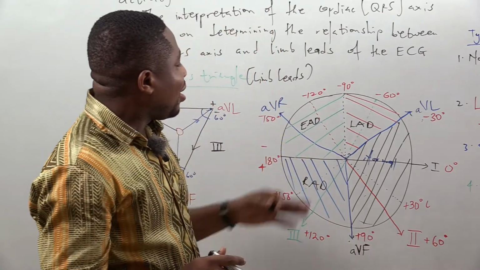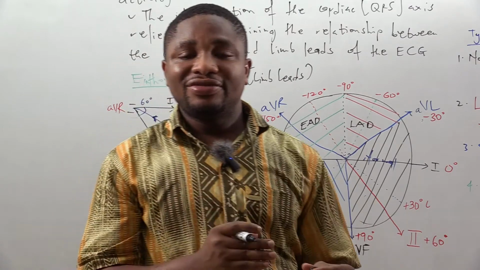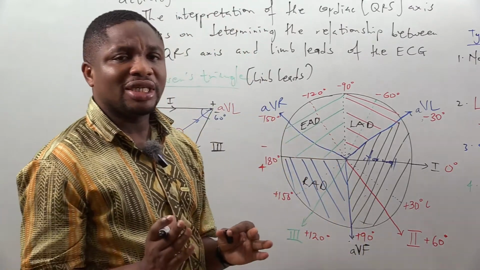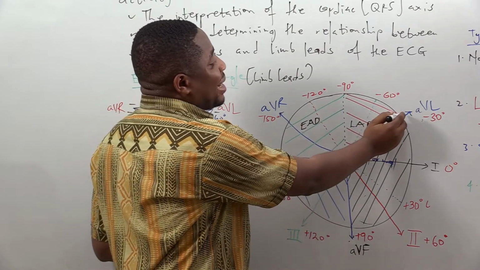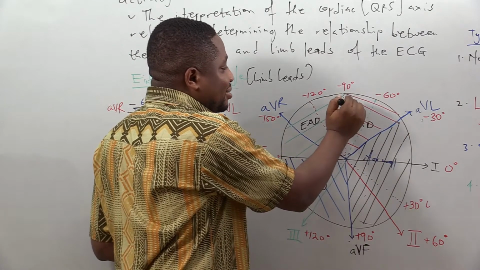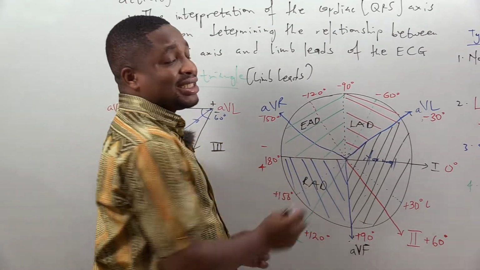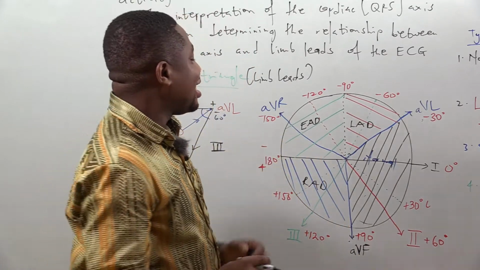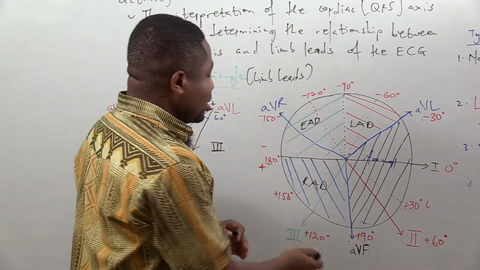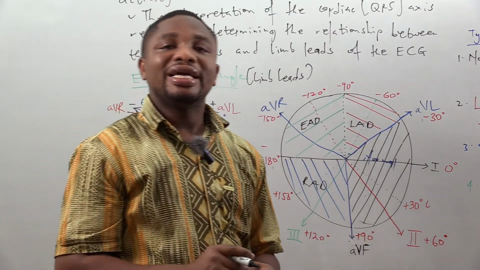Okay. Now, if the cardiac axis is deviated towards the left, then what are you going to witness? You are going to have that axis falling between minus 30 degrees and minus 90 degrees. So that gives you the left axis deviation. And if it is a right axis deviation, the cardiac axis is going to be between plus 90 degrees and plus 180 degrees.